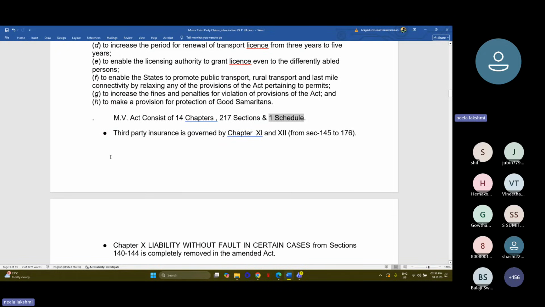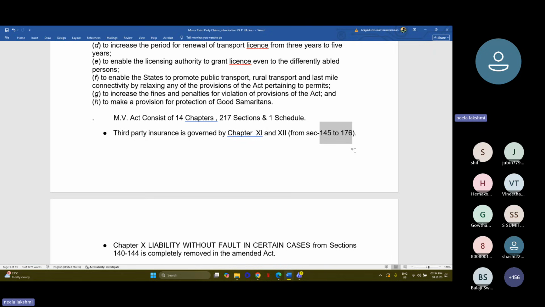Our third-party insurance is governed by Chapters 10 and 11, from sections 145 to 166. Very important. This is our methodology on the basis of which we have to handle the motor TP claims.